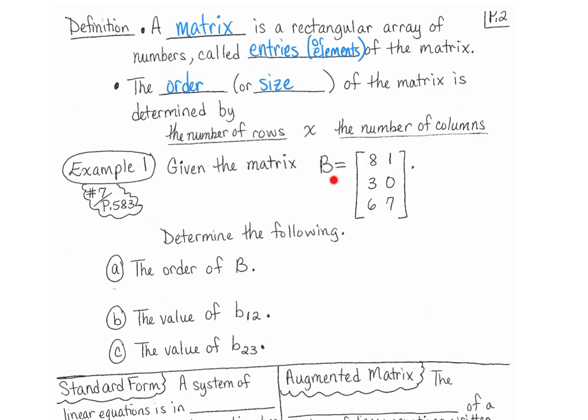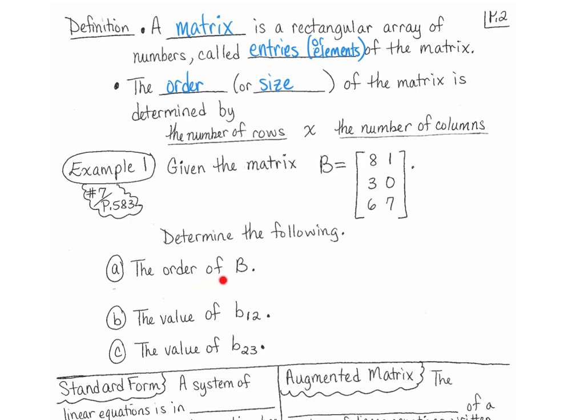So B is the matrix consisting of rows with entries 8, 1, 3, 0, 6, 7. I want you to determine part A, the order of B, part B, the value of B12, part C, the value of B23. I'll give you 1 minute.